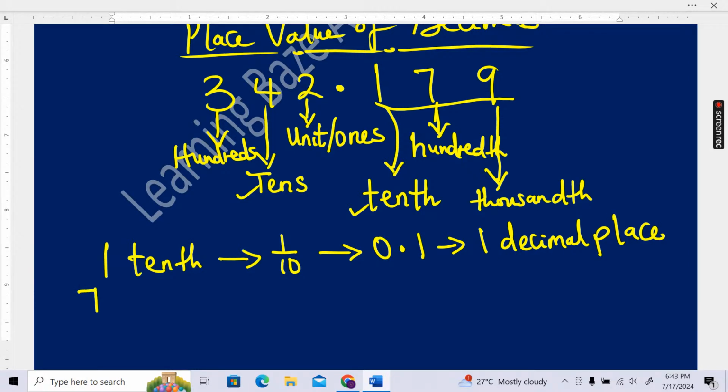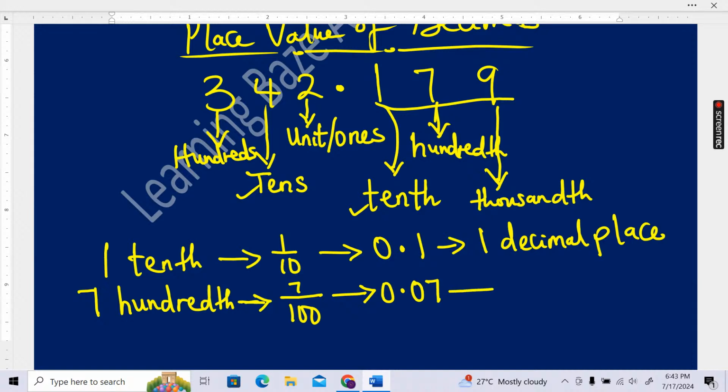Now, what about 7? 7 is in the hundredth place, so we have 7 over 100, which can also be written as 0.07. It is in the second decimal place, that's 2 decimal places.